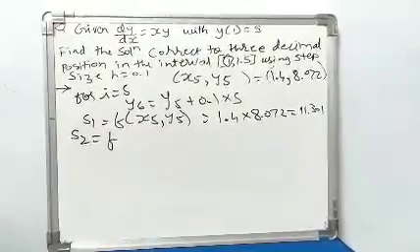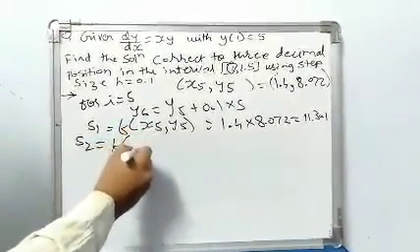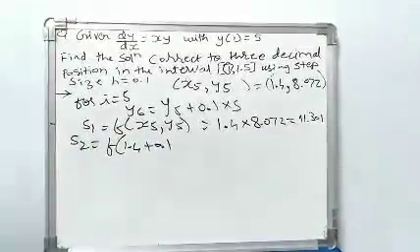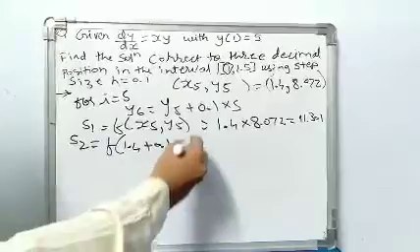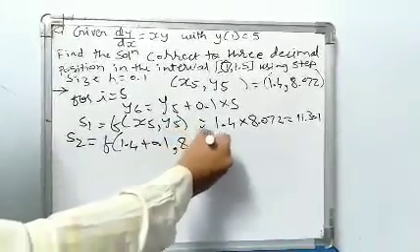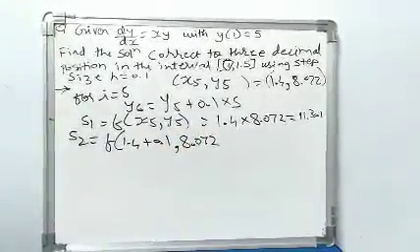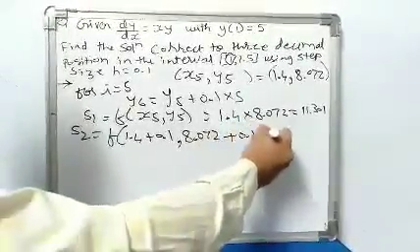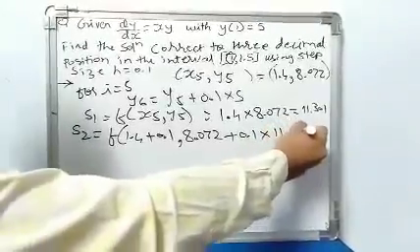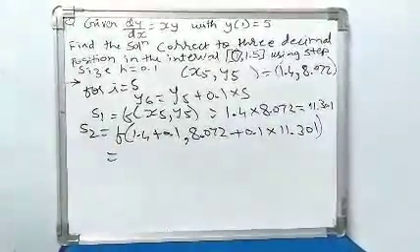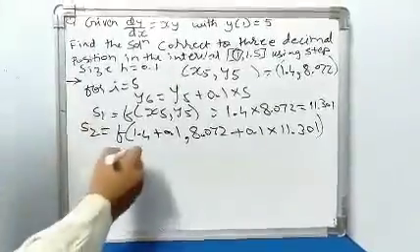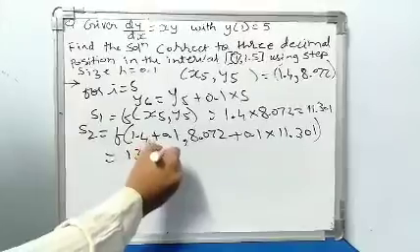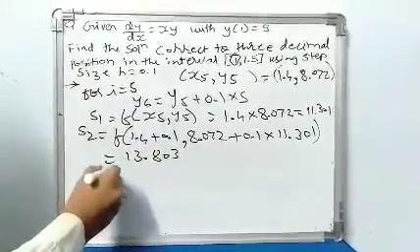The value of x5, that is 1.4 plus 0.1 comma y5, that is 8.072, plus 0.1 into s1, that is 11.301. So you get the answer, that is 13.803.